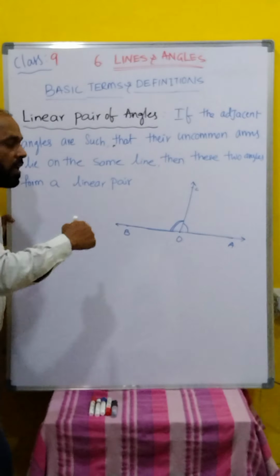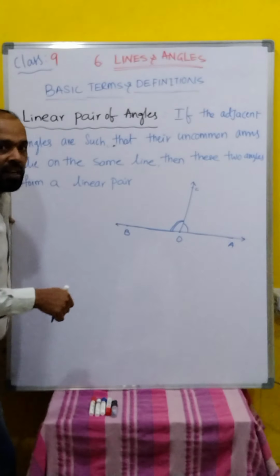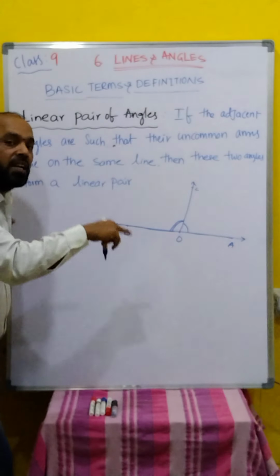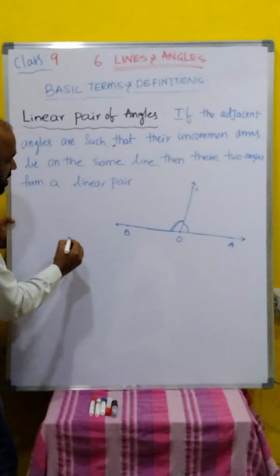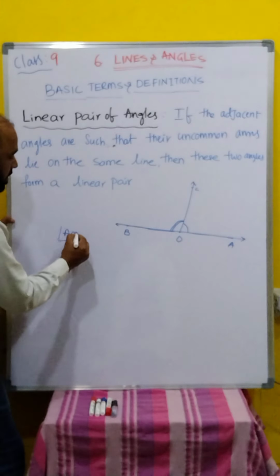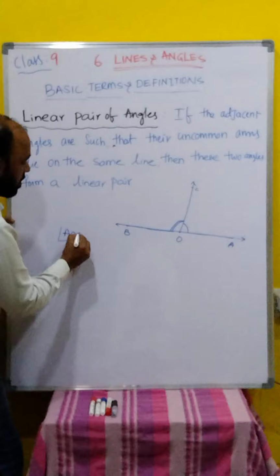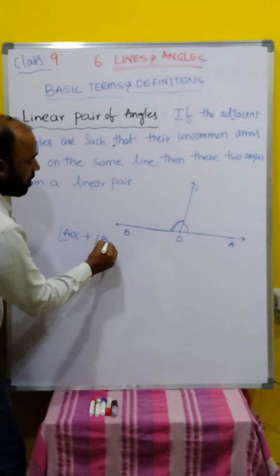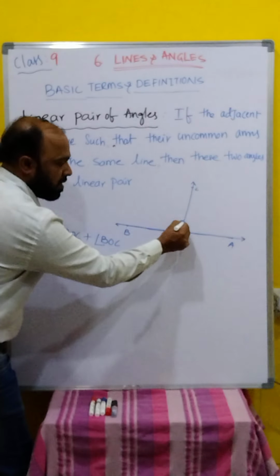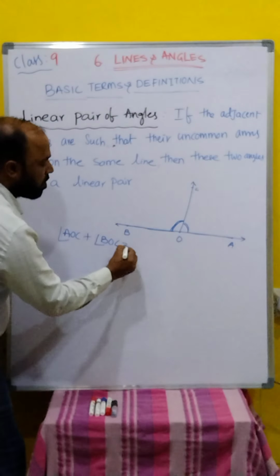Now we know a linear pair is supplementary. Supplementary means it is 180 degrees. That is angle AOC plus angle BOC, the sum of these two is 180.